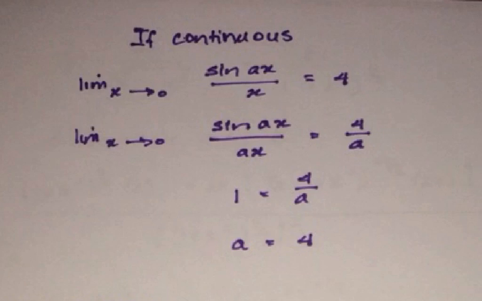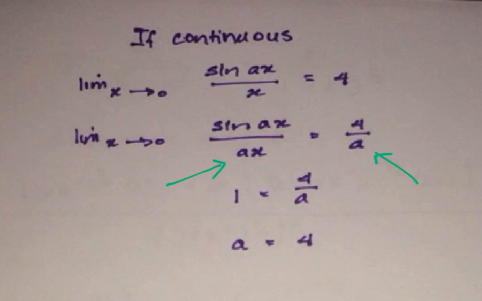So my second step, what I would have done is introduced an a on the denominator, and whatever you do to one side you must do to the other side. So I divided both sides by a. I divided sine ax by a, and I also introduced that same a in the denominator on the right hand side.